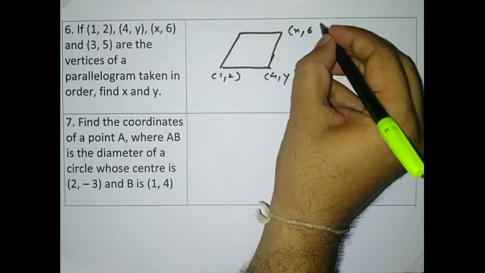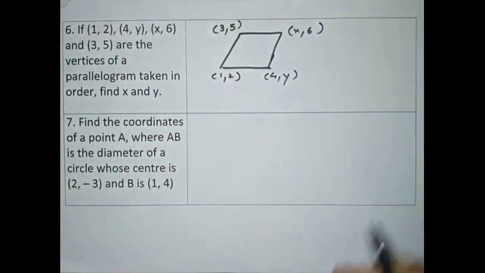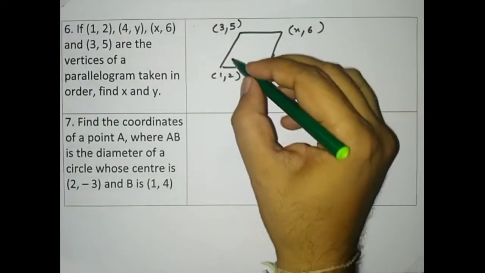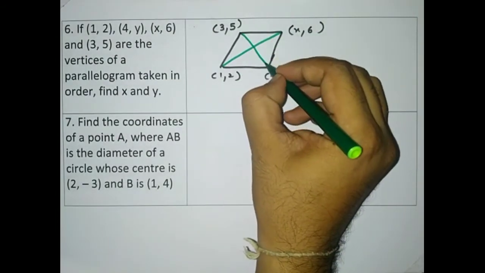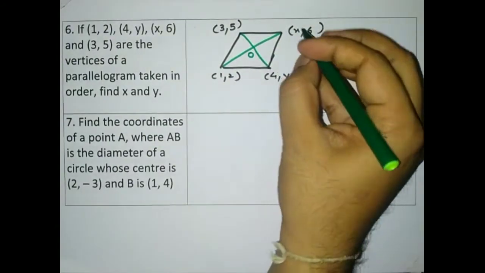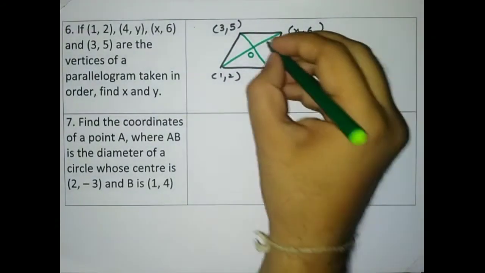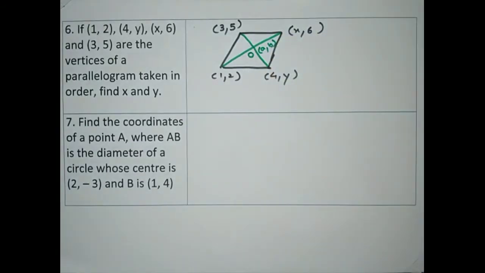It means their midpoints are the same. So let me join the diagonals and take the point of intersection as O with coordinates a comma b.